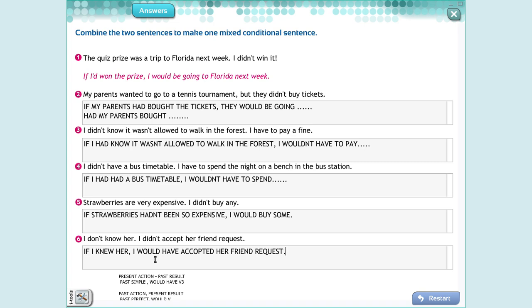Okay? So, it's not so hard, but you have to pay lots of attention. You need to try to understand the sentence. In this sentence, I have a past action and a present result, or I have a present action and a past result.